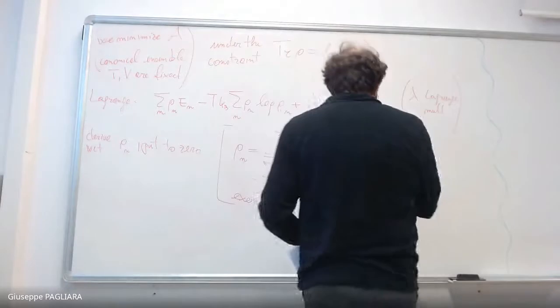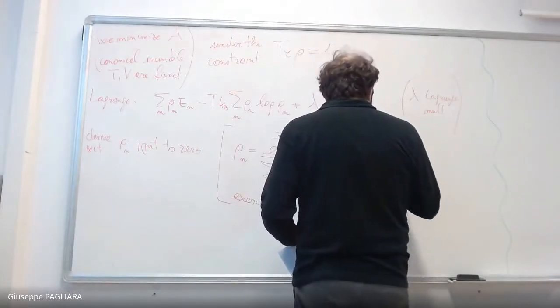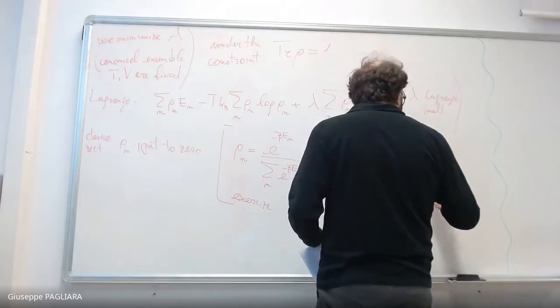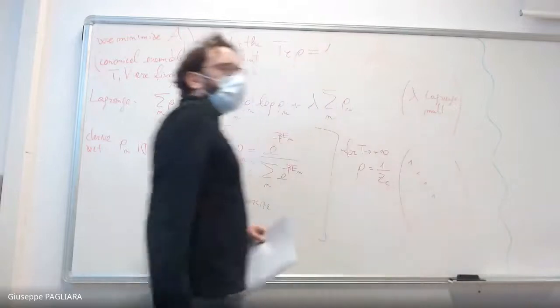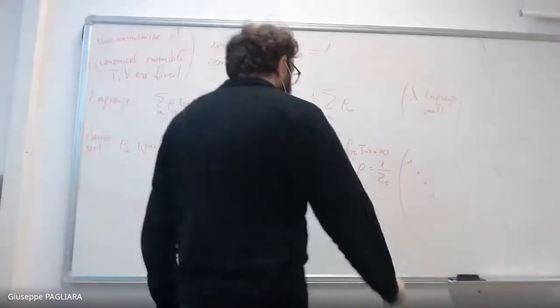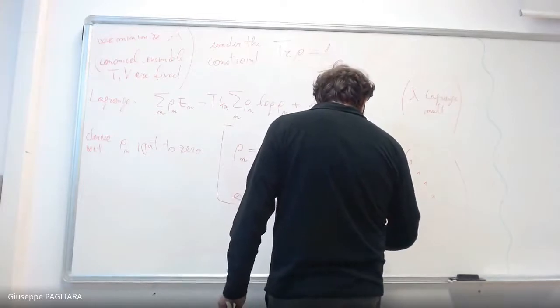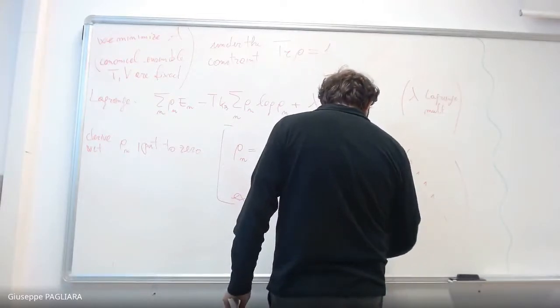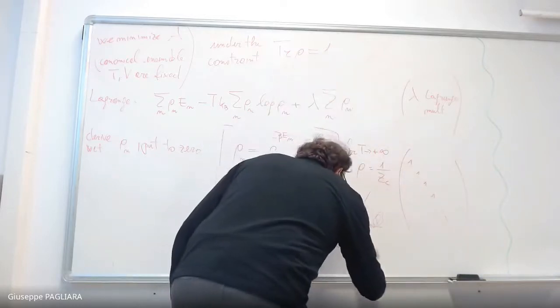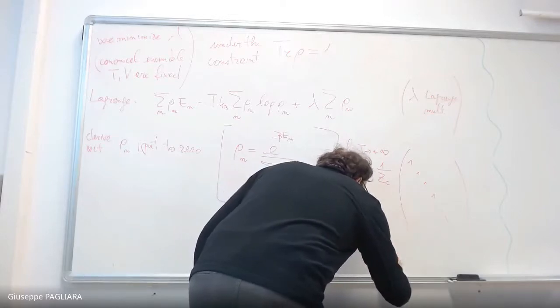So the density matrix will have a form like 1 divided by the number of states, and here I have 1, 1, 1, etc. Which means that all the possible energy states are occupied with the same probability. If you want, this is also the situation of maximal entropy. So all E_n equally probable.